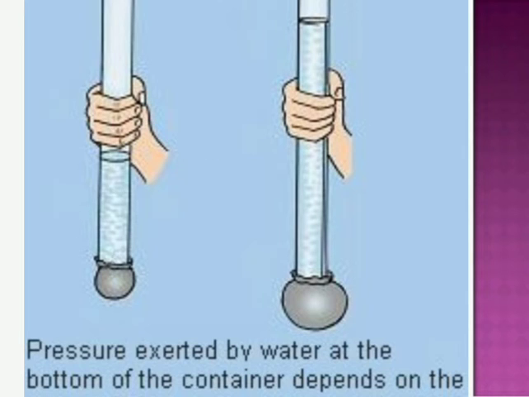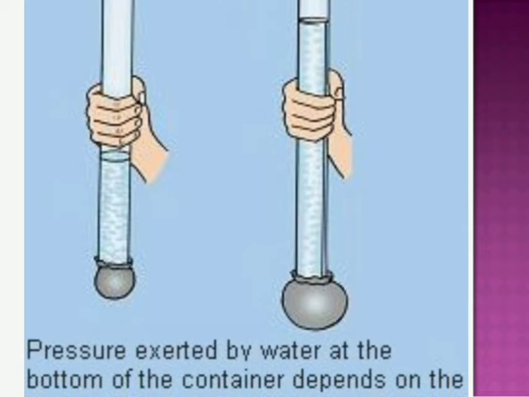Pour some water in the pipe. You will observe that the rubber sheet bulges out. At that time, also note the height of the water column in the pipe. Now pour some more water in the pipe and again note the height of the water column.